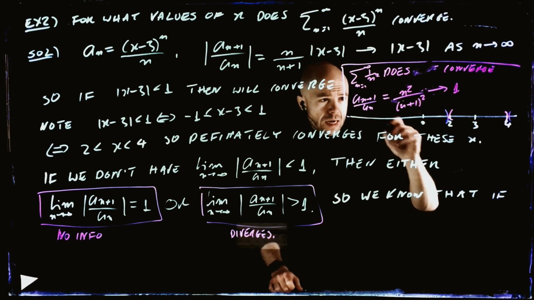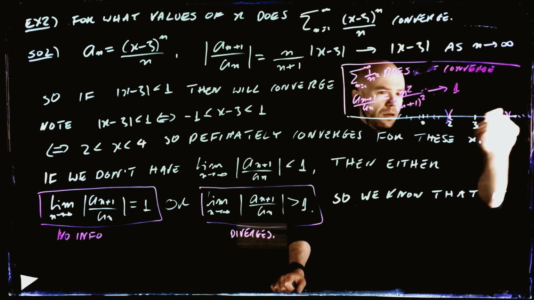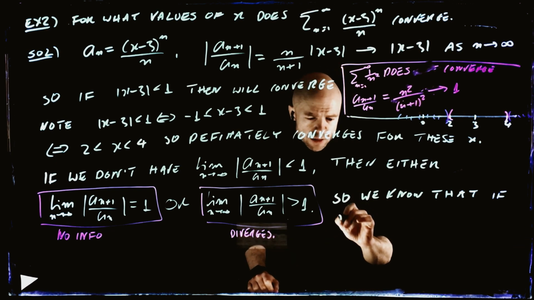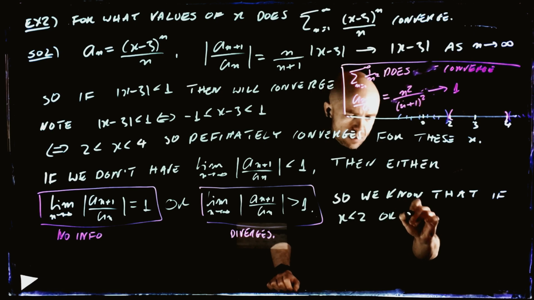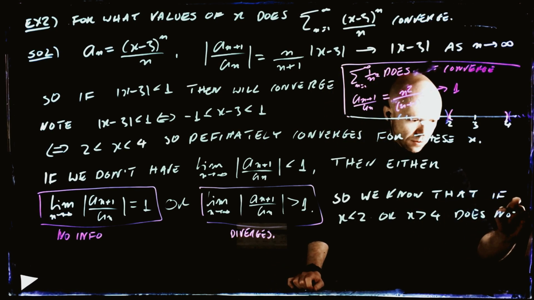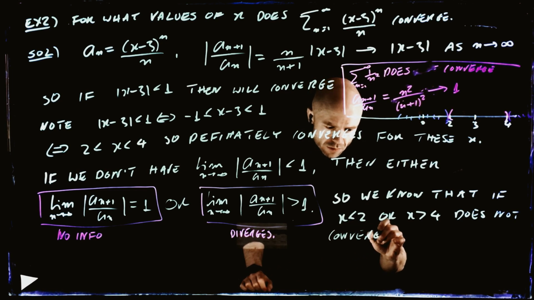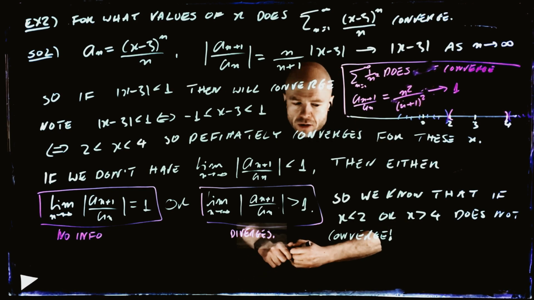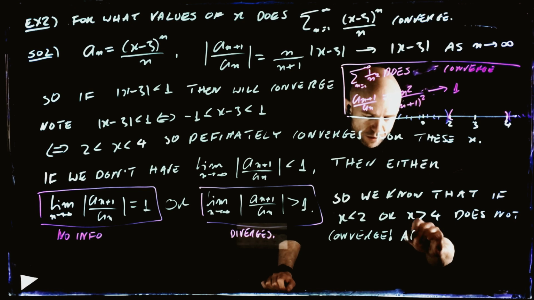Out here, it definitely doesn't converge. Let's write that in the language of maths: if x is less than 2 or x is bigger than 4, it does not converge, as a consequence of the ratio test.